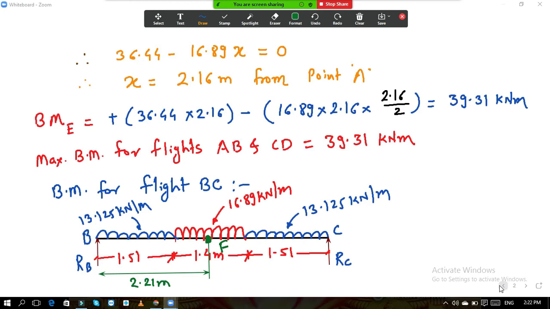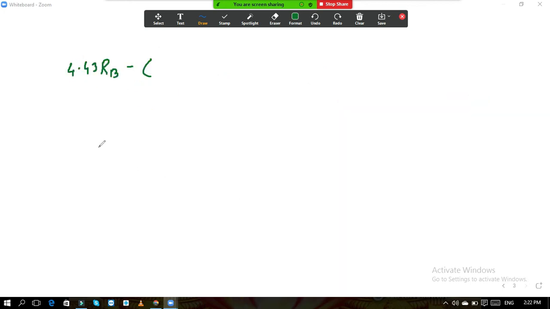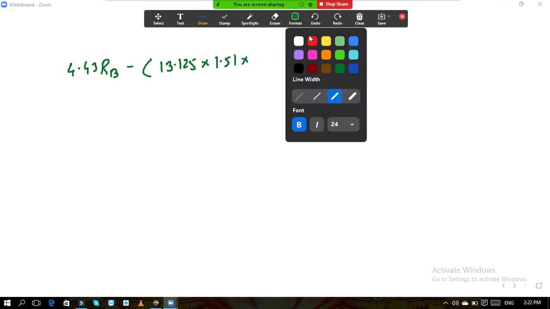So it is 4.43 into RB, it is clockwise, plus minus first UDL, how much it is 13.125, and what is the span, 1.51. 13.125 into 1.51 into what is the lever arm?